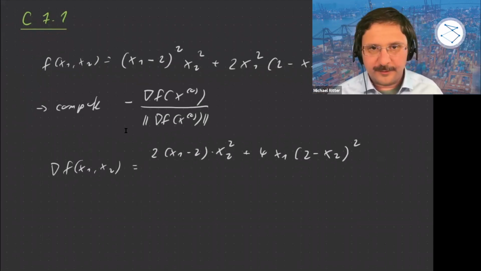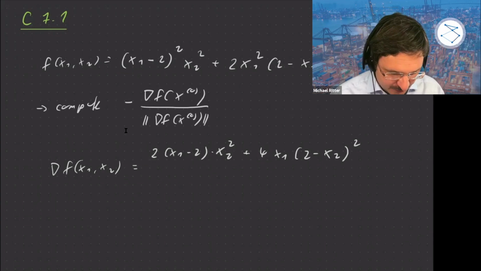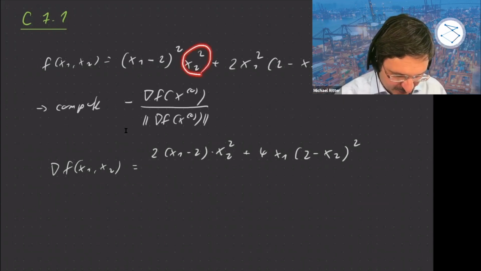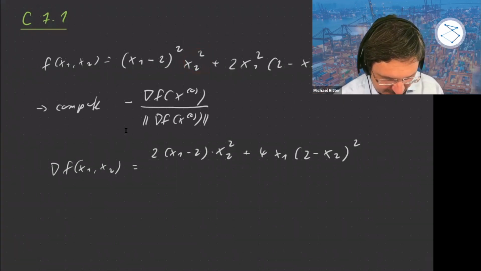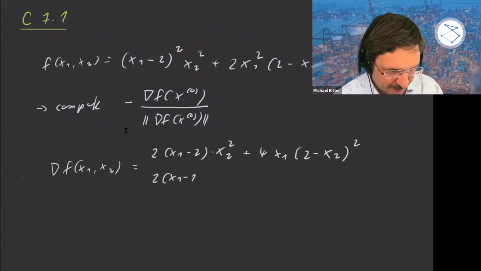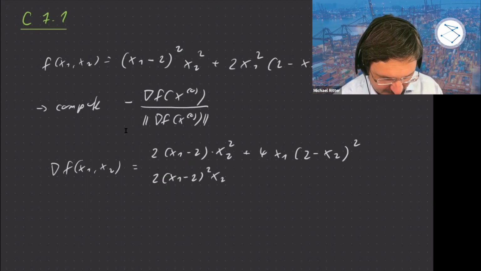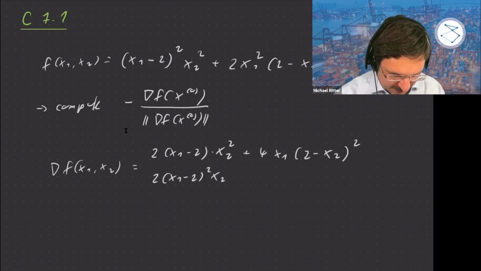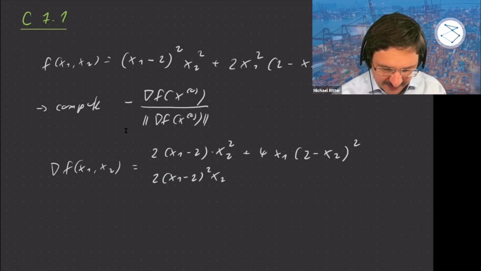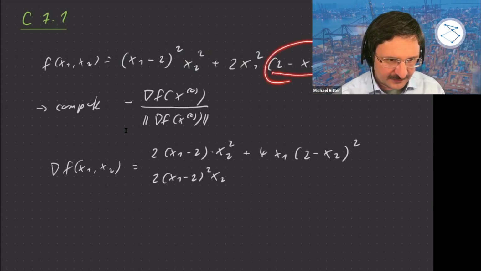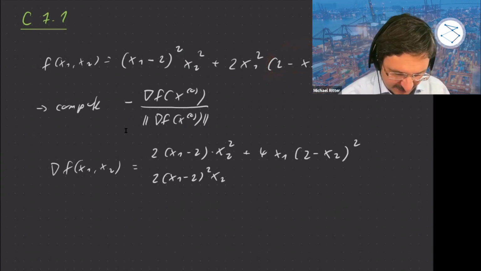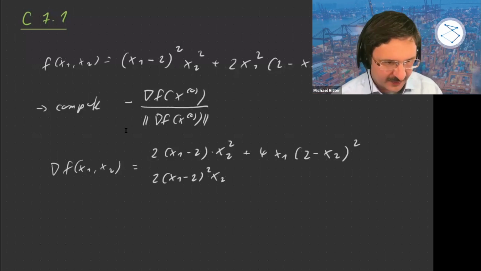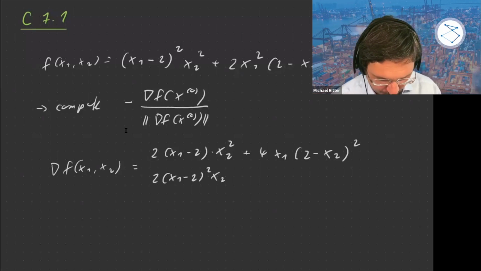And now for the partial derivative with respect to x2, same thing. Now we need to differentiate that term here first. So we get 2 (x1 minus 2) squared x2. And here the x2 term is here. So in this case, again, we get the 2 here. So that will be a total of 4.